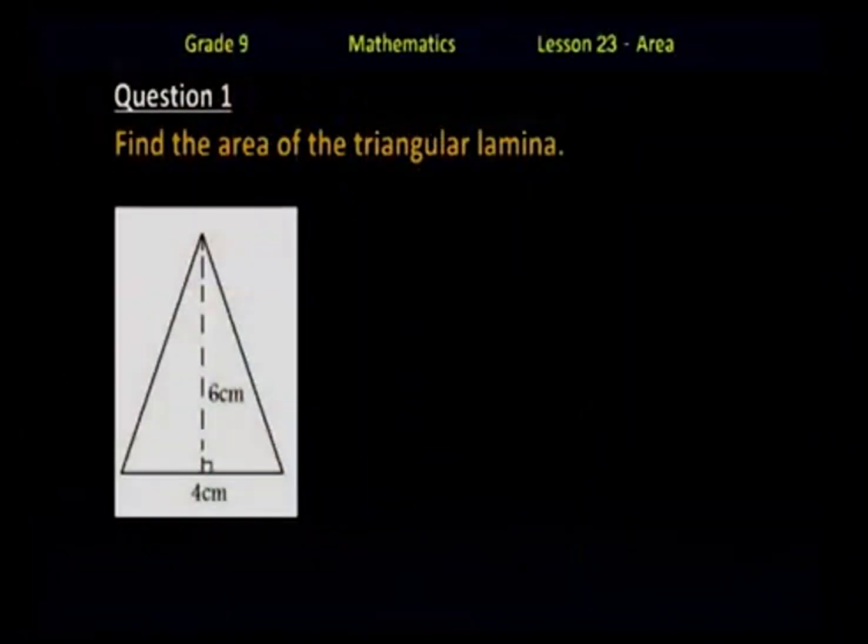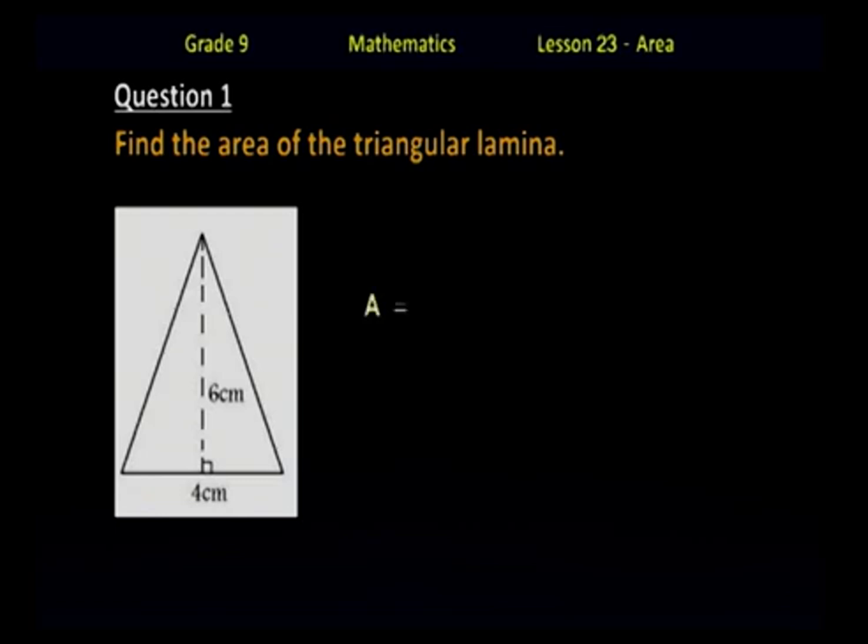Here is question number 1. Try to get your answer. Find the area of the triangular lamina. In this diagram, the base and corresponding perpendicular height are given. The base is 4 and the perpendicular height is 6, in centimeters.